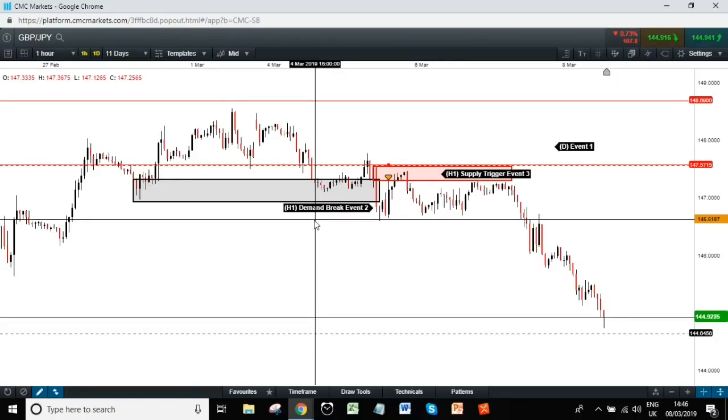Final event on both strategies is usually either the take profit or it comes back up and hits the stop loss, right? This is it, guys. You may be looking at this now and thinking, oh my God, mind blown, right?